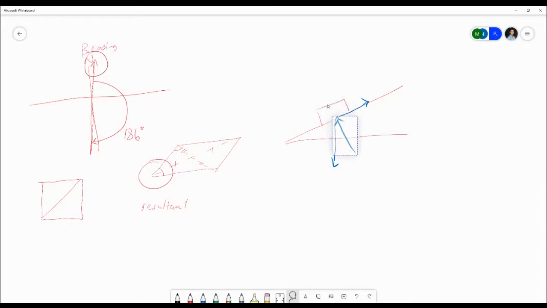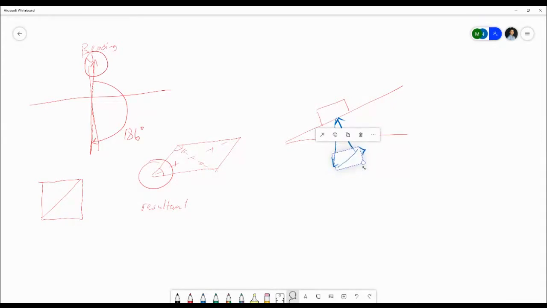There you go. I'm going to move this down here, and then I'm going to move this piece right here, down here. Now, ideally, they will be the same length.